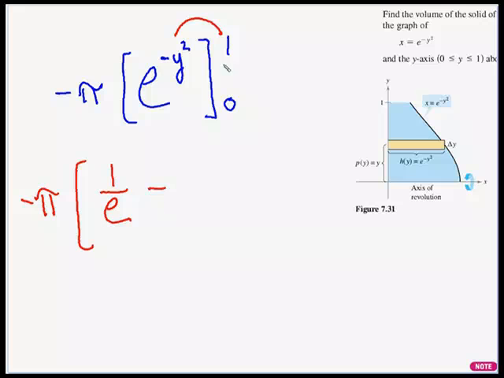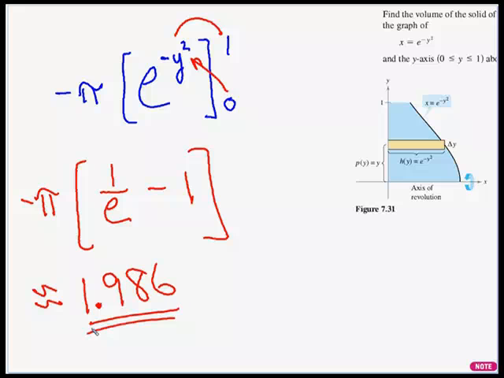And then we subtract, plug in our lower limit. 0 squared is 0, e to the 0, or anything to the 0, is 1. So here is the exact answer, and if we plug that into our calculator, we can get the approximate answer of 1.986. Units cubed, again, because we're finding some volume.